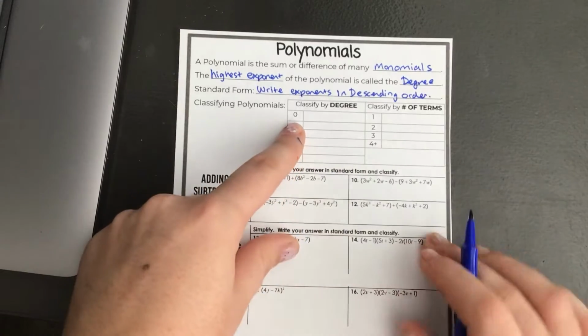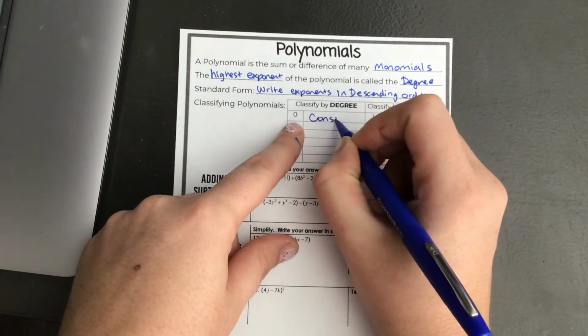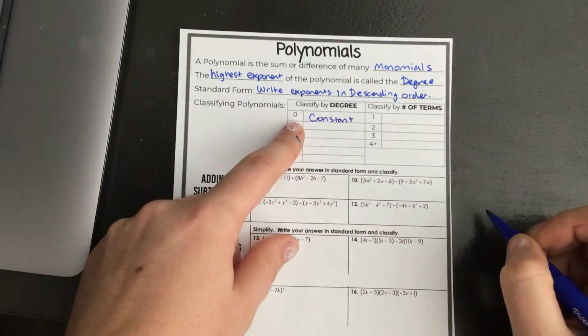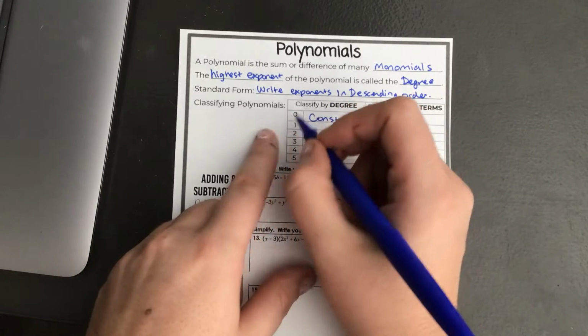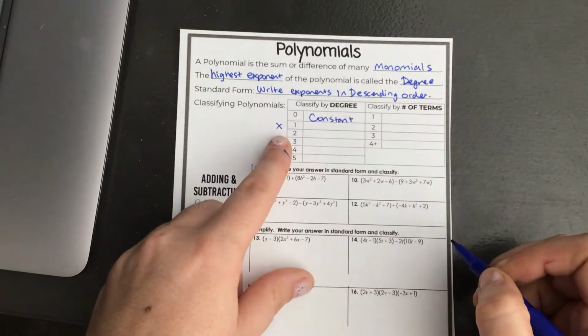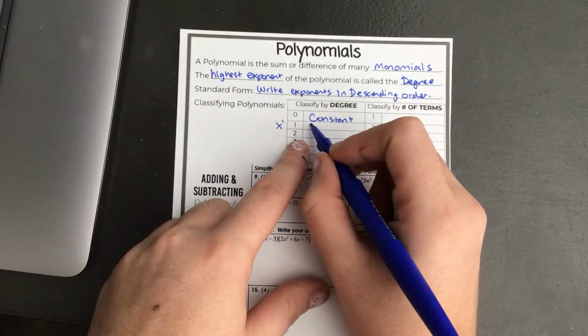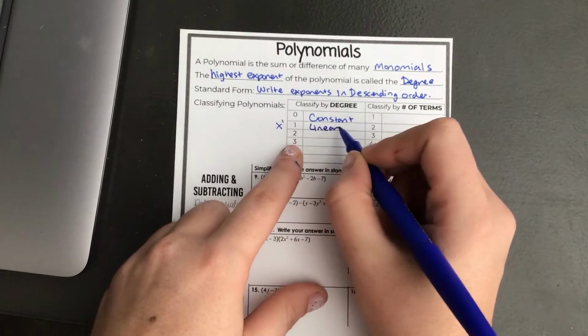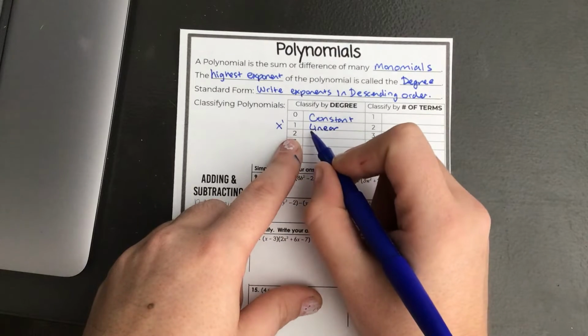So if there is no exponents, then you just have a constant polynomial. If there is a degree of 1, so for example, x has a hidden 1 right there, that is linear. X to the power 2, or any letter with the power 2, will be quadratic.